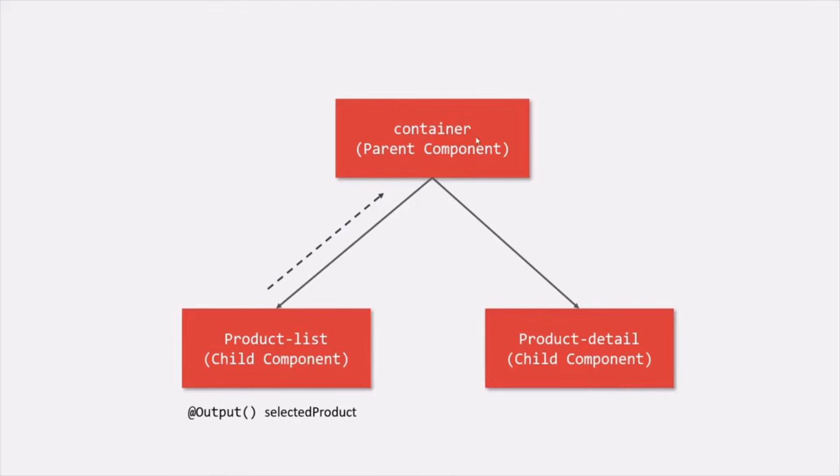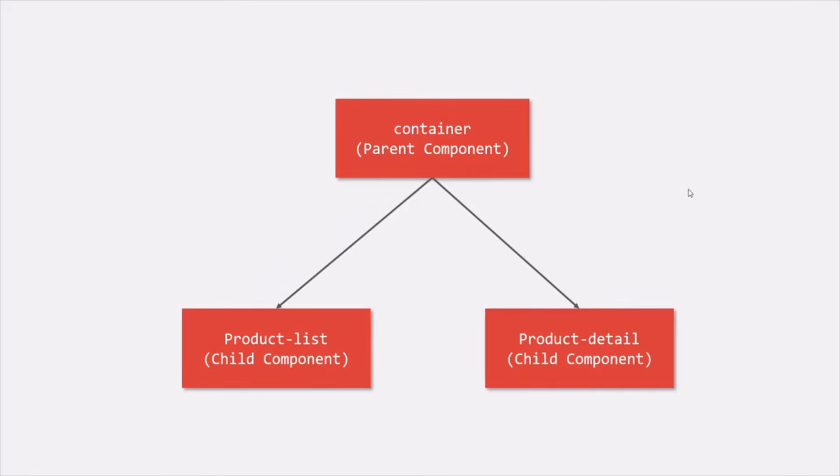In this way, this container component, that means this parent component, will also have access to the selected product property. And then from this parent component, we can pass that selected product property to this product detail component, which is the child component of this container component, using custom property binding and the @Input decorator. So this is one way in which we can achieve it, and we have already seen how we can do that.